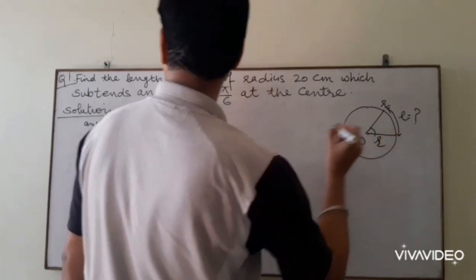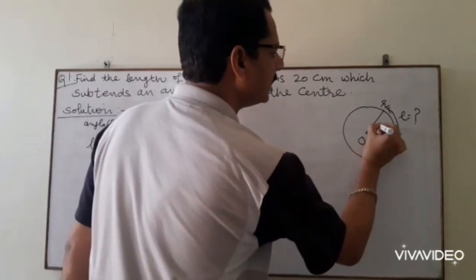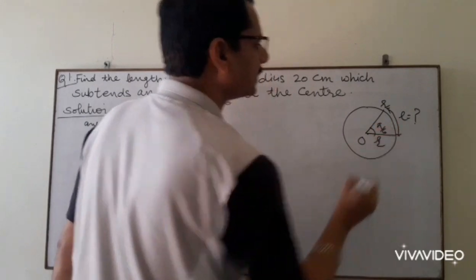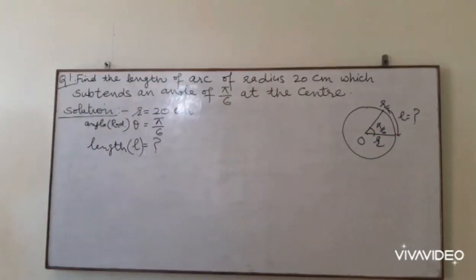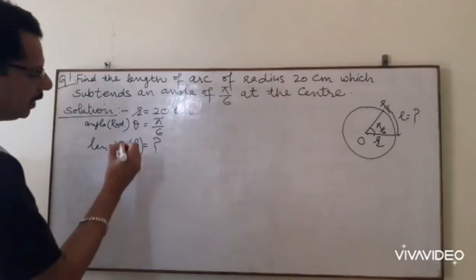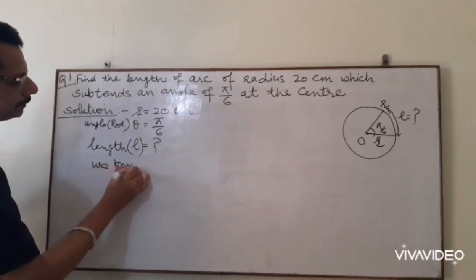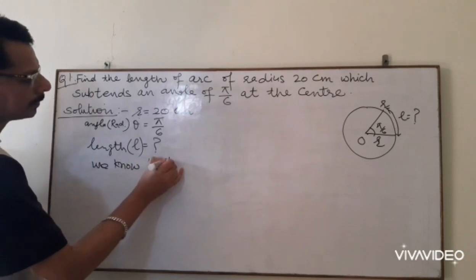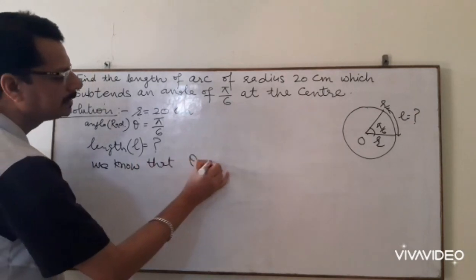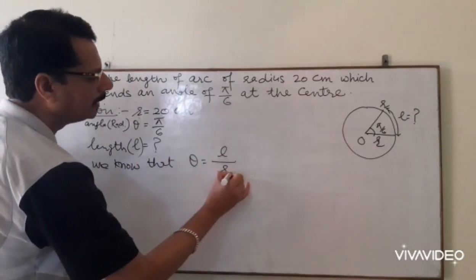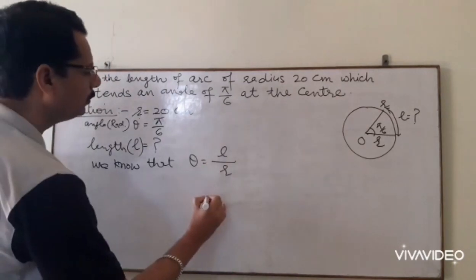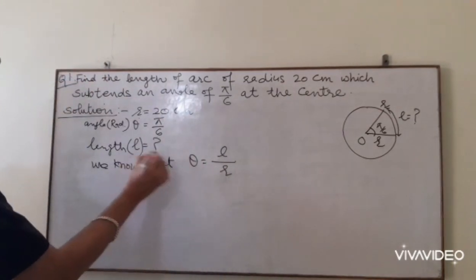and this angle is pi by 6. Is that clear? So now we know that theta is equal to L by R. I have to find L from here.